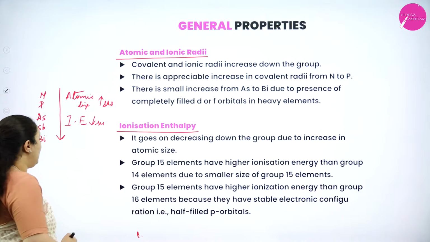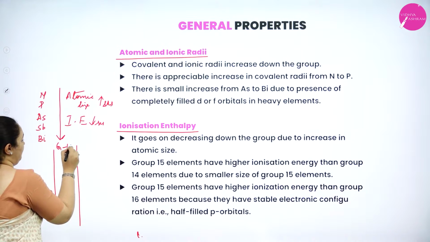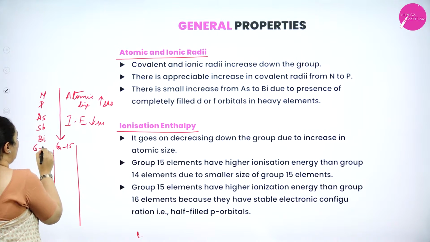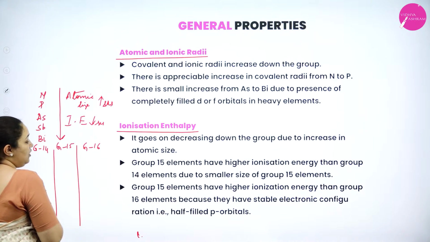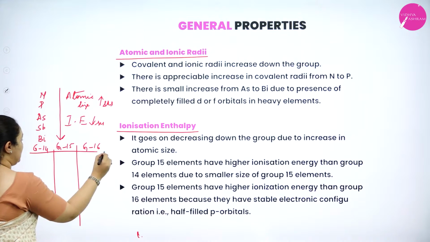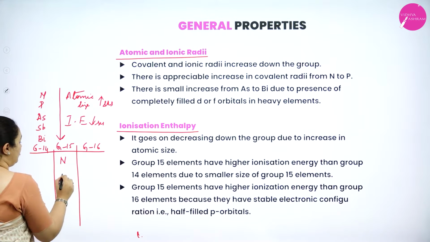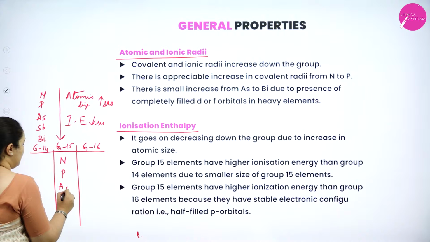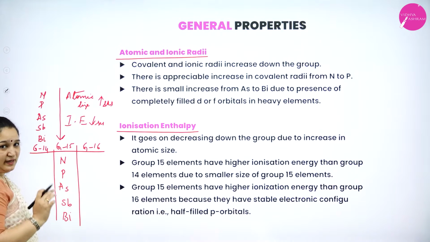Now if I compare, this is group 15, I have group 14 and then group 16. If I compare these three groups, in group 15 I have nitrogen, phosphorus, arsenic, antimony and bismuth, correct?